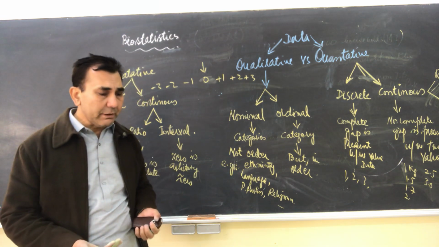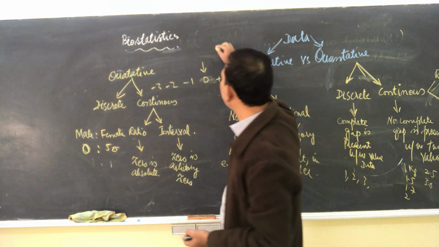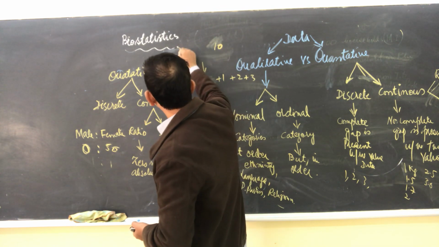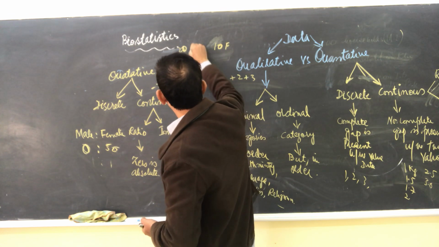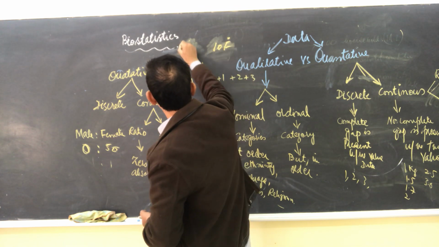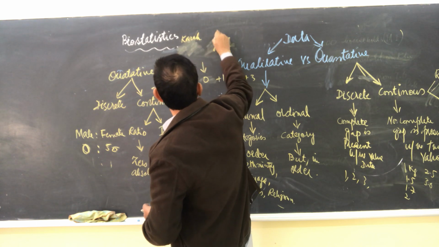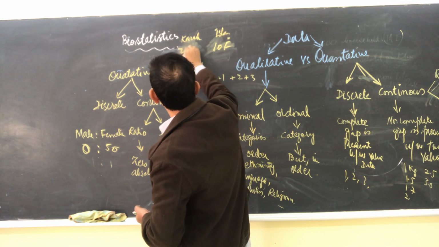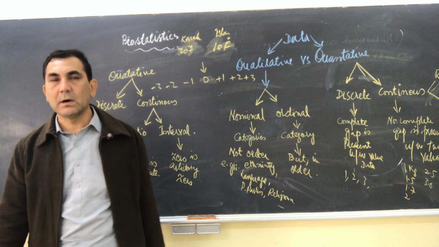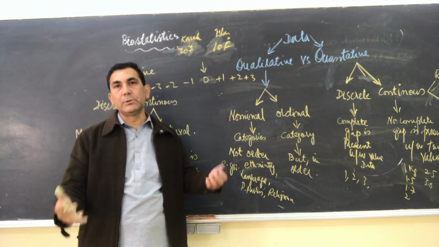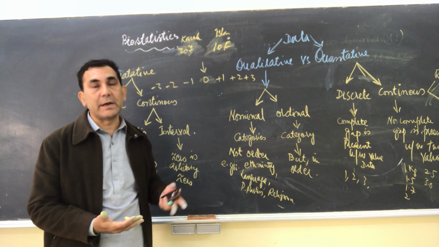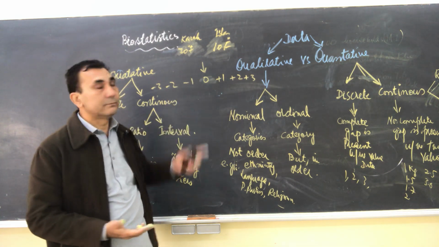And you have learned about temperature. Suppose the temperature of Islamabad today is 10 Fahrenheit, and the temperature of Karachi is 20 Fahrenheit.